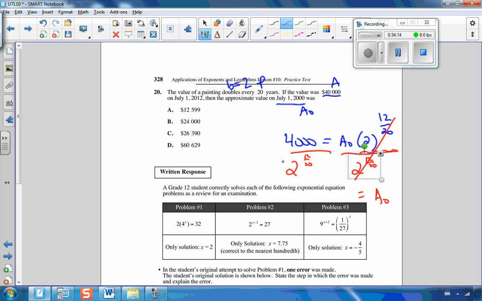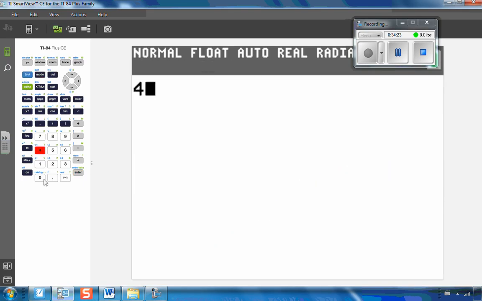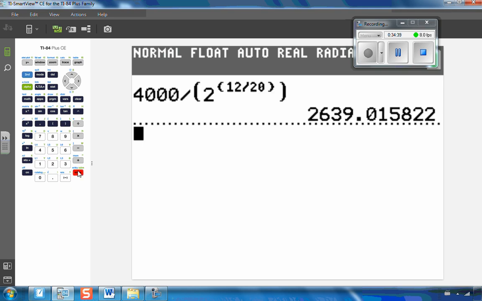And then I just put this into my calculator. Okay, so 4,000 divided by 2 to the exponent of 12 over 20. And I'll put those in brackets as well. Perfect. And there we go for the initial value. So 2,000, oh, just hold on a second here.